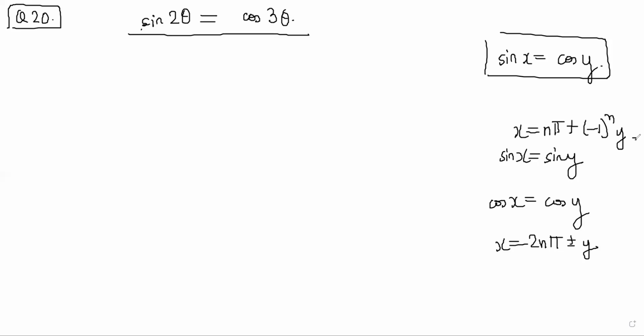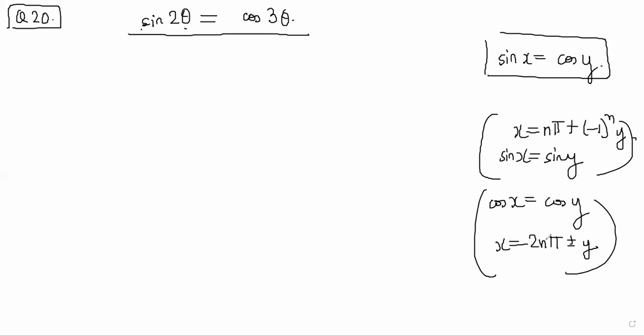You understand what I'm saying? You don't have any formula for sine x is equal to cos y. Here, sine of something is equal to cos of something. So what can you do now? How will you handle this? There is a way to do this even now. In order to use some result, I need to convert it into either a sine or a cos equation.